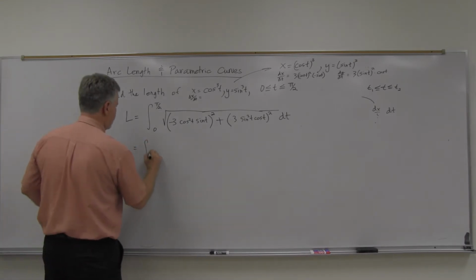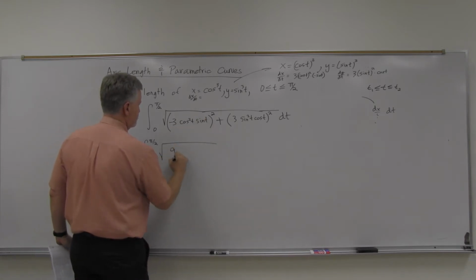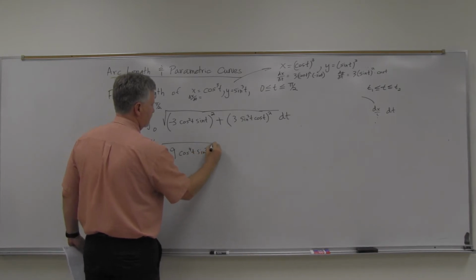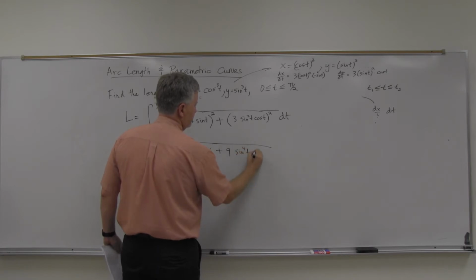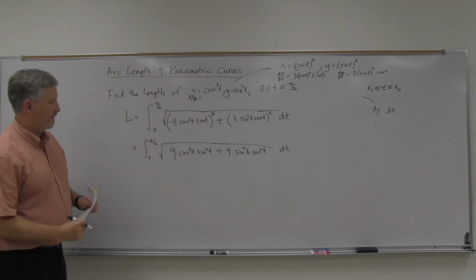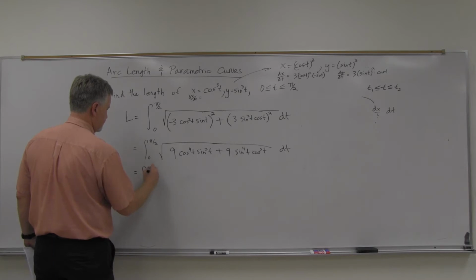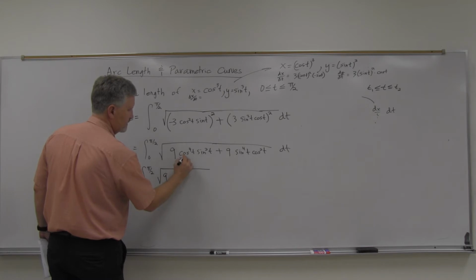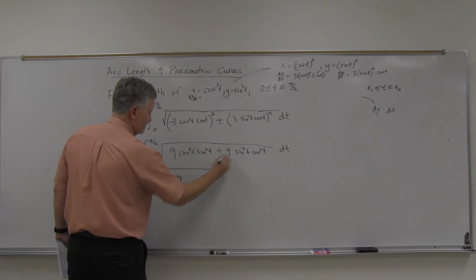All right, so that's 0 to pi over 2. Square root, that'll be 9 cosine to the 4th t sine squared t plus 9 sine to the 4th t cosine squared t. Those have some things in common, so let's factor off a common term. You've got 9, it's common. Both of them have cosine squared, both of them have sine squared.